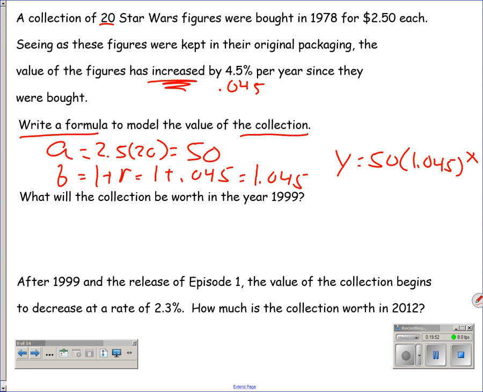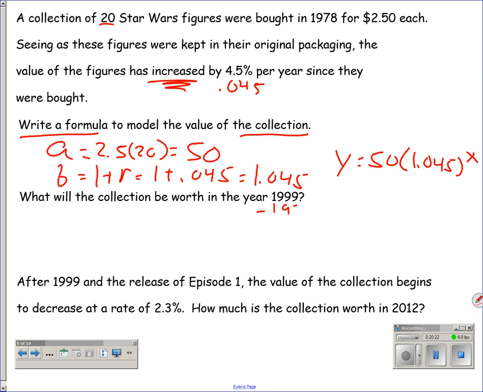What will the collection be worth in the year 1999? What value do I plug in for x? 21, right?